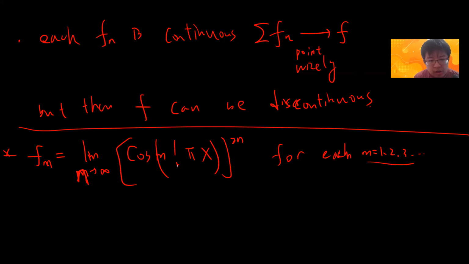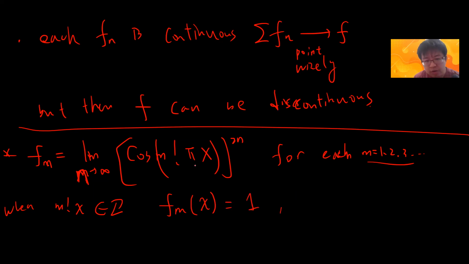So obviously, when m! times x is an integer, then the cosine of an integer will be plus or minus 1, but you raise it to the power 2n, so f_m at this x will give you 1.